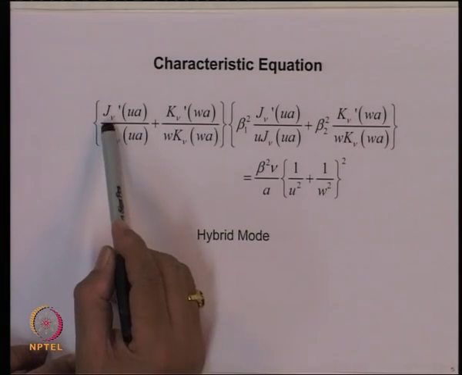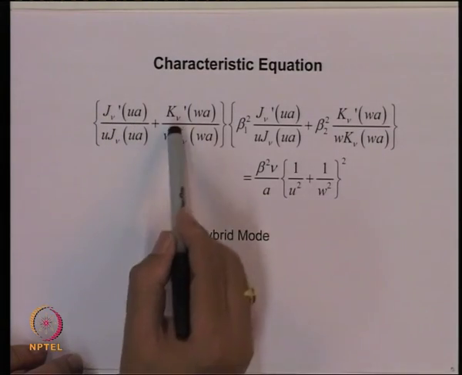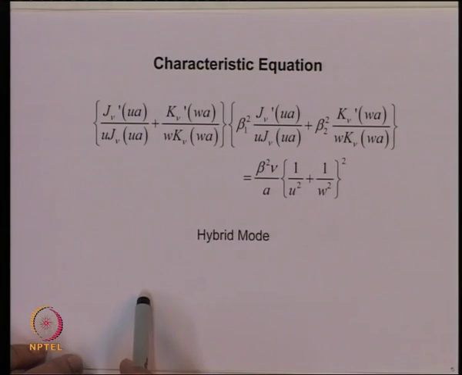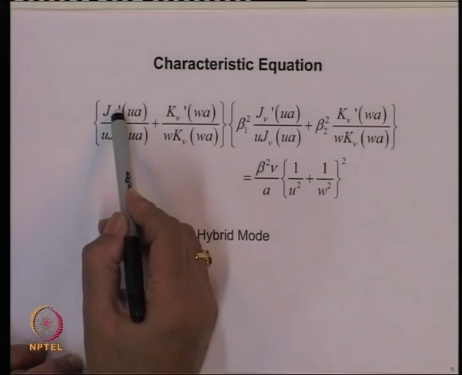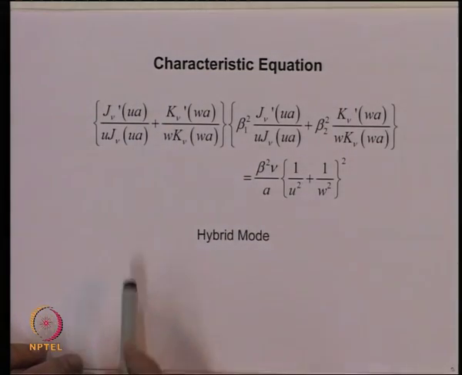Here you have this quantity here, J nu prime UA and K nu prime UA, where the prime denotes the derivative of the Bessel function or modified Bessel function with respect to argument.